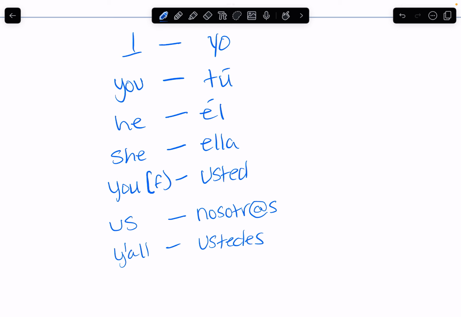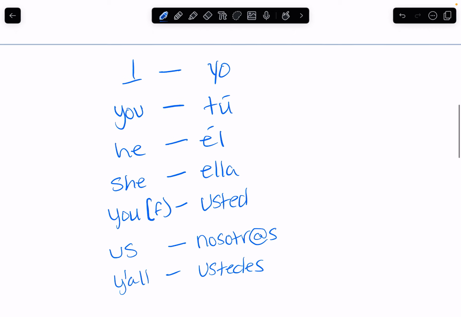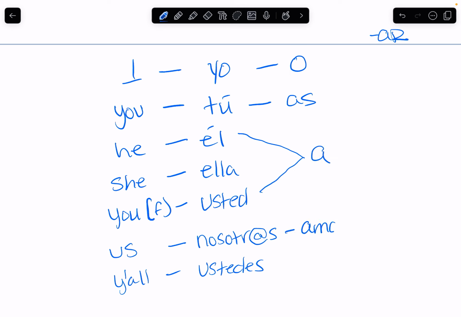Now, when you are trying to say that someone is doing something, you use the present tense of the verb. We're learning present tense. So for this section it's the AR verbs. So when you're talking about yo, your ending changes to an O. And now I'll explain this in a second. Tú is as. Él, ella, and usted is a. Nosotros is amos.